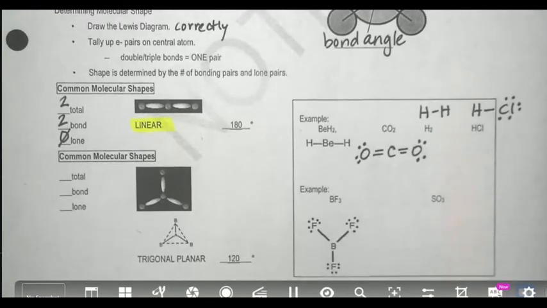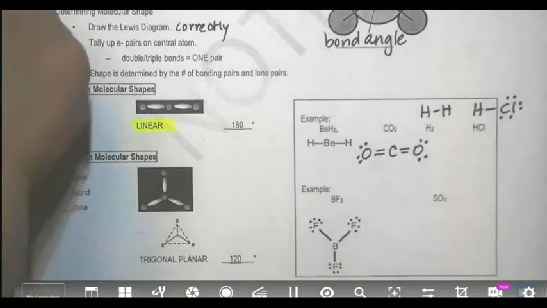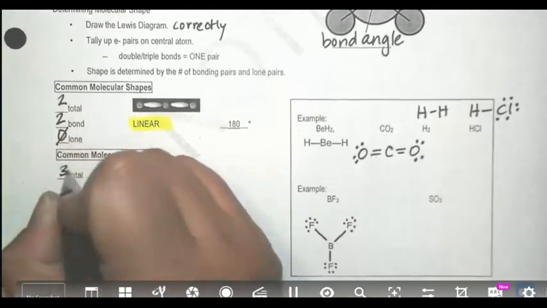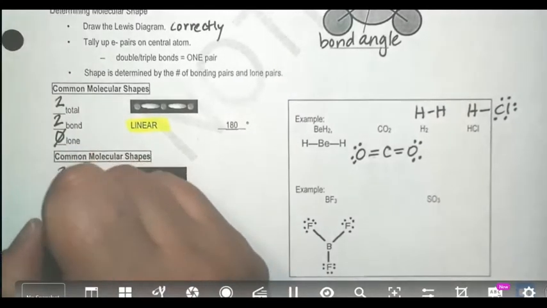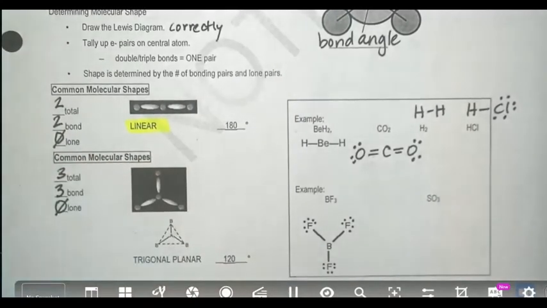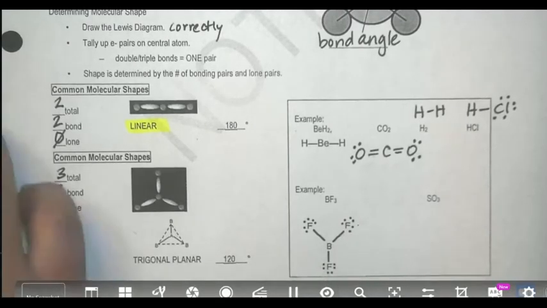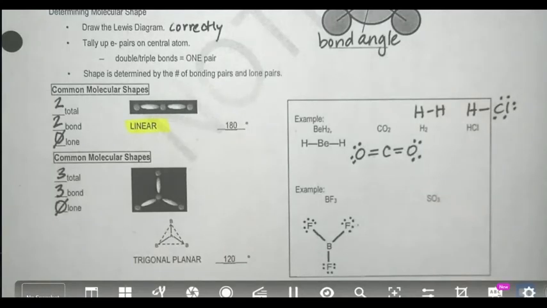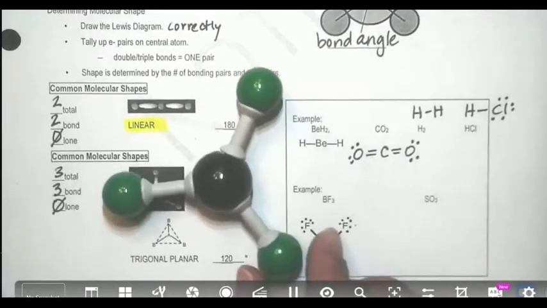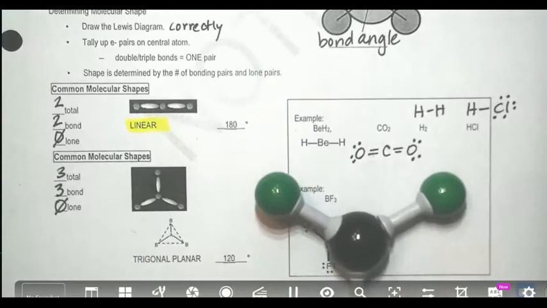Now, the next thing we're going to look at is what if I have 3 things attached? So 3 total things attached, 3 bonded, and no lone pairs. Because the atoms want to be as far apart as possible, it's going to look like a Y. So here is BF3, and BF3 looks just like this.